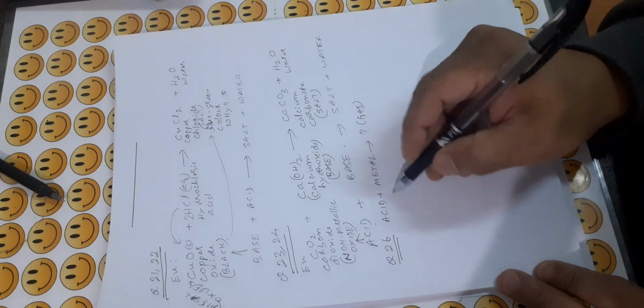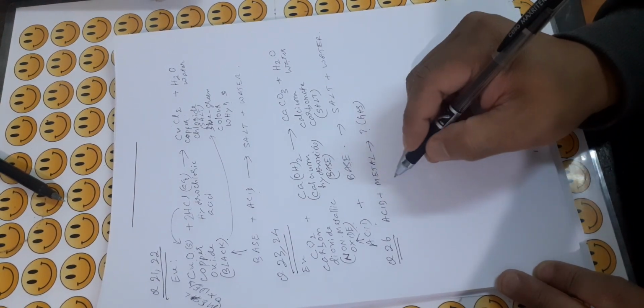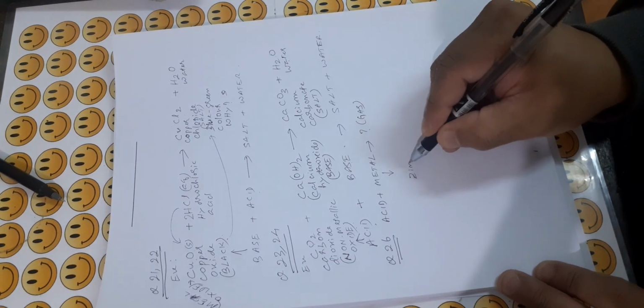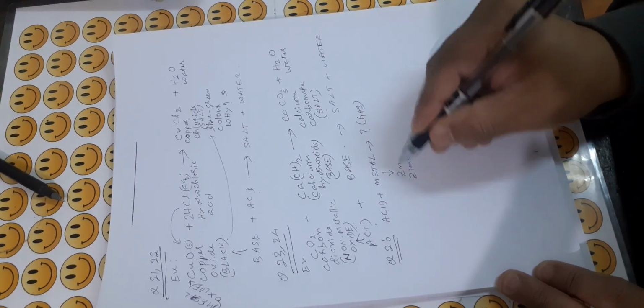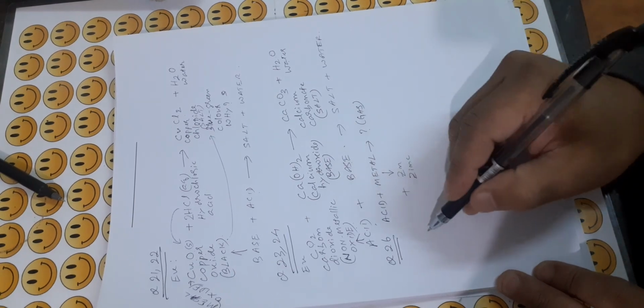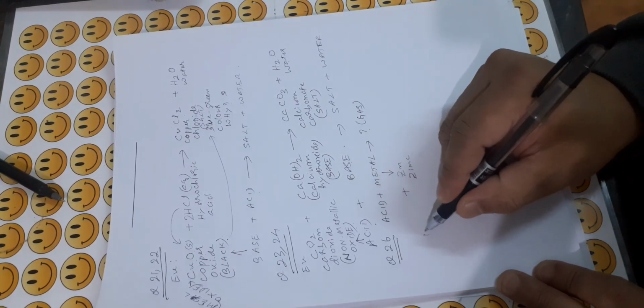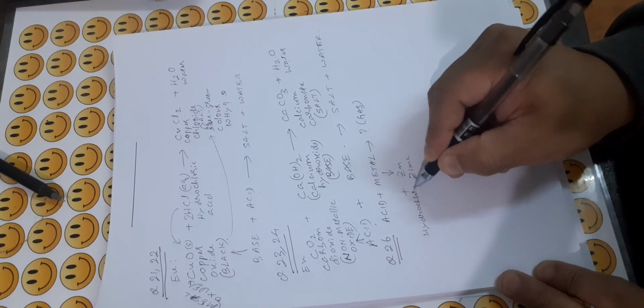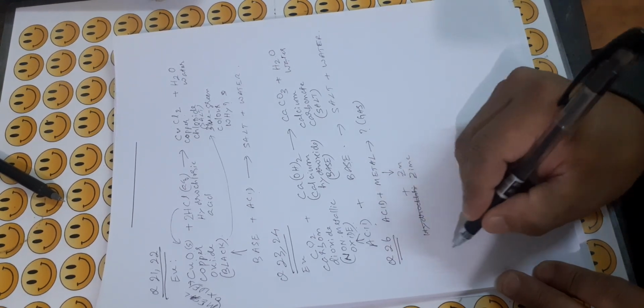That's why I'm saying, you take this zinc metal. So write that zinc, add that to the acid. The common acid is hydrochloric acid, HCl. Write it properly.